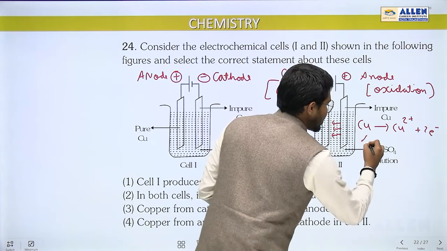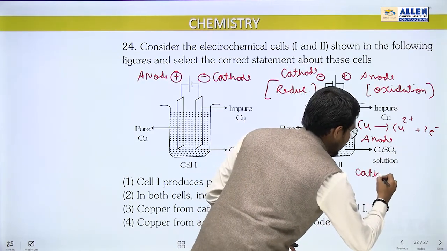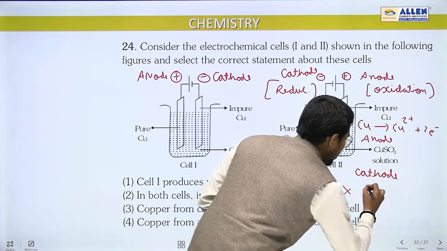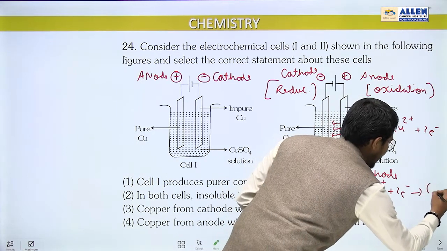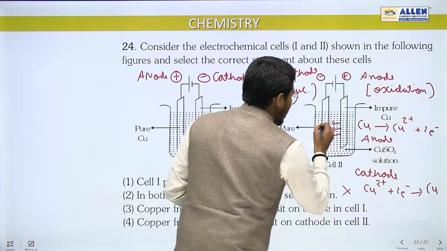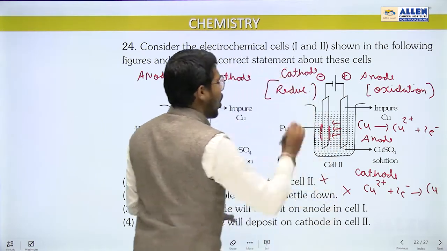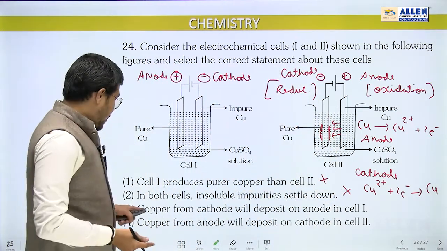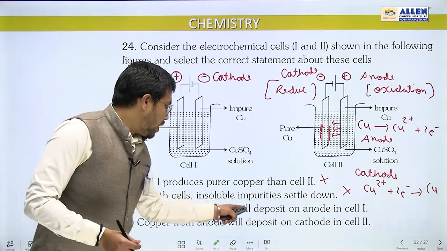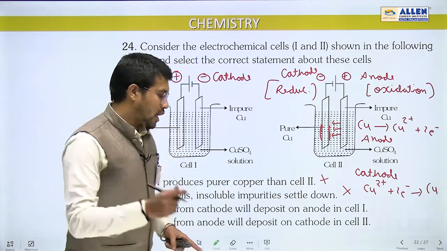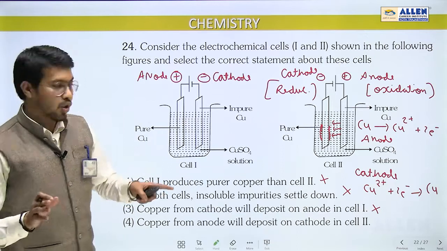On cathode, the Cu2+ ion will gain electrons and get converted into solid copper. So copper will get deposited on cathode, but statement 3 is saying copper from cathode will deposit on anode. So this statement is also wrong in cell 1.